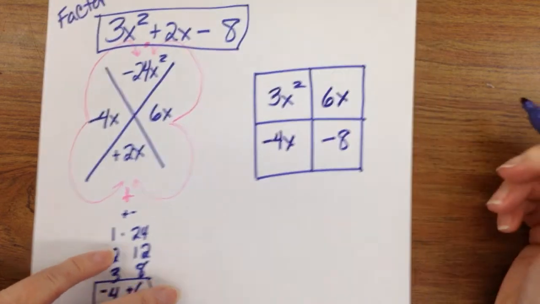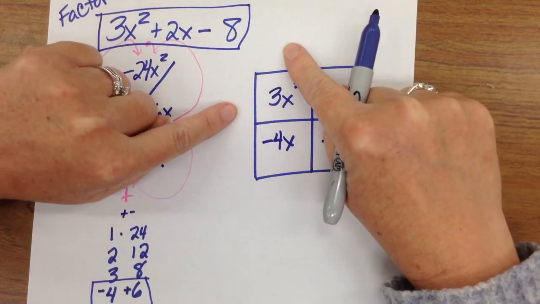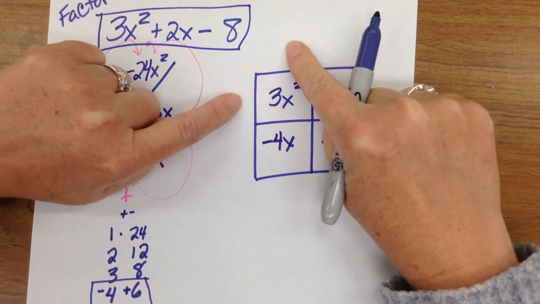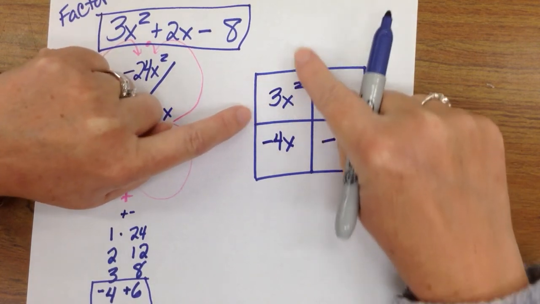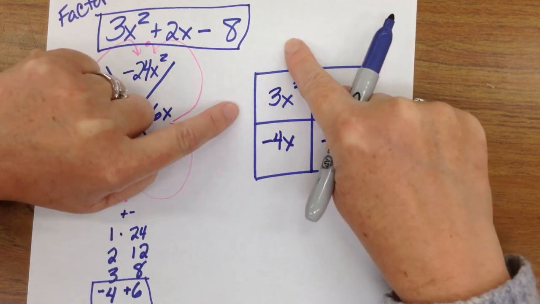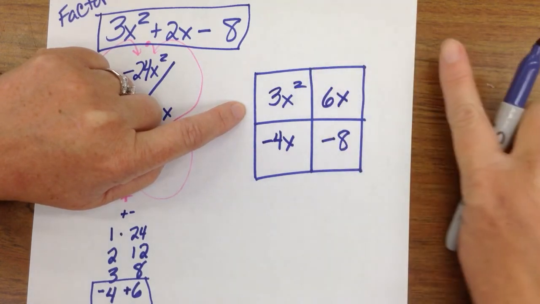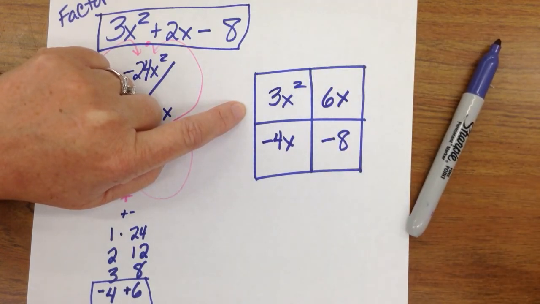Now the hardest part is to start these. We need to put on the outside the correct things that multiply to make the inside. So the only way to get a 3 is a 1 times a 3. But the question is it the 1 here or is it the 1 here? How do you know? Well, you remember minutes ago we did a lesson on greatest common factors? That's what we look for.